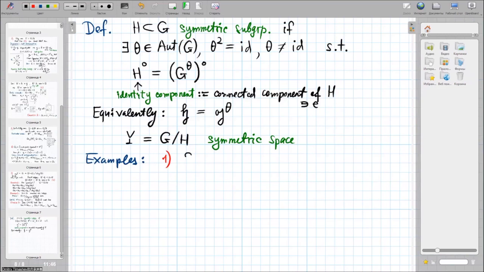So the sphere, which we consider first, and which is a homogeneous space SO(n) modulo SO(n-1), is symmetric.